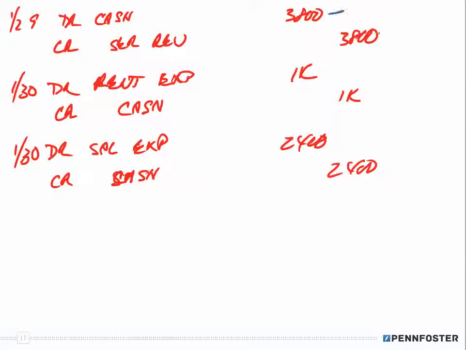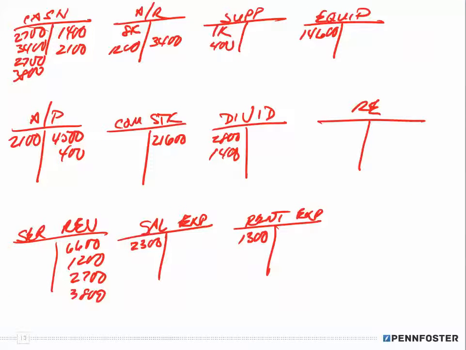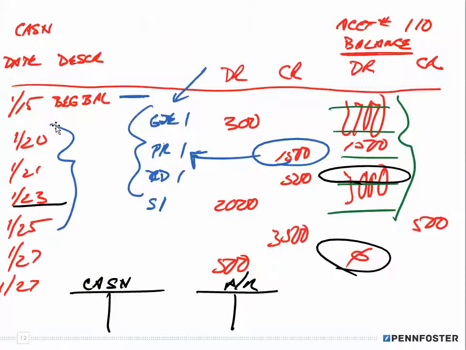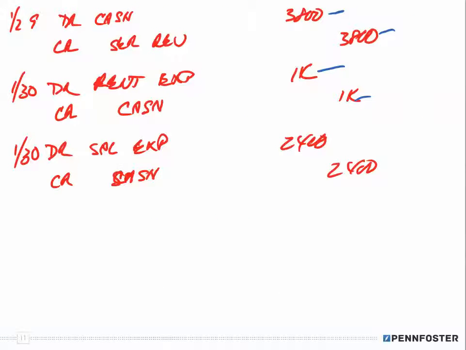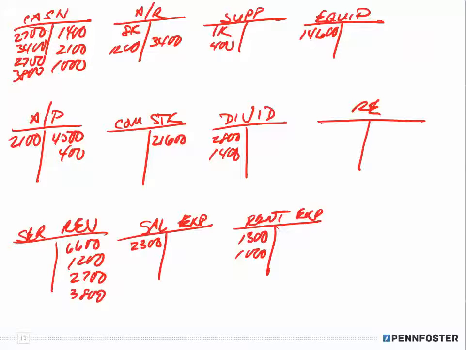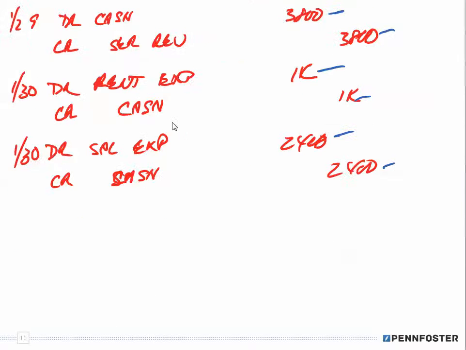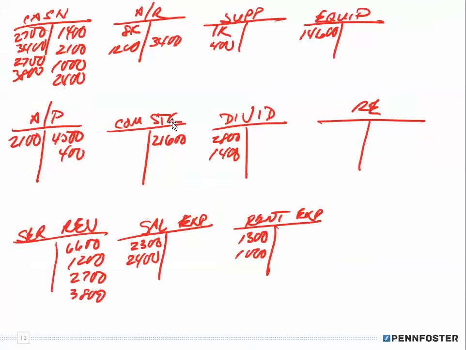A debit to rent expense for 1,000 and a credit to cash for 1,000, and a debit to salary expense for 2,400 and a credit to cash for 2,400. Okay, so what we've done is now we've posted all of those entries to our ledger accounts.